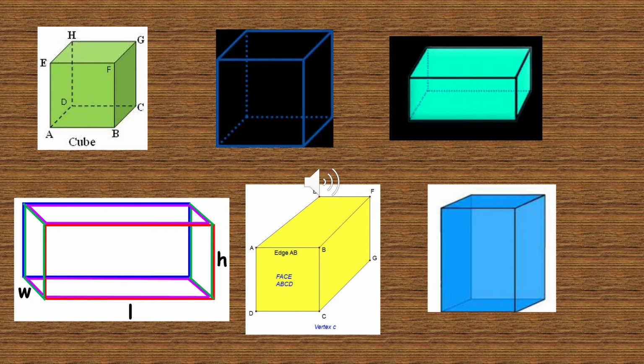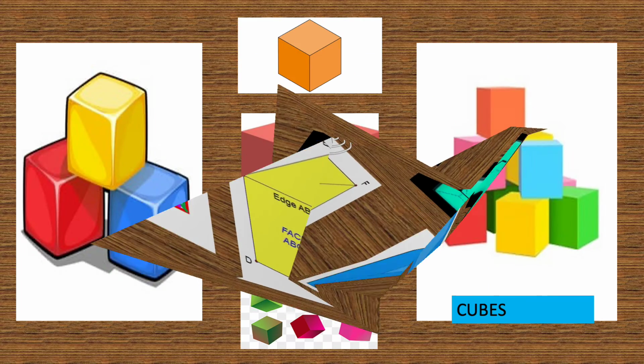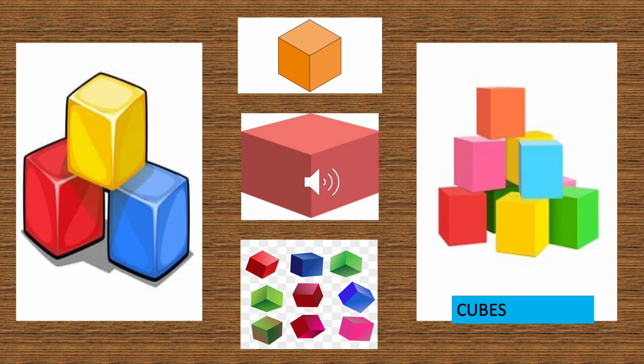The basic difference between a rectangle and a cuboid is that one is a 2D shape and the other is a 3D shape. If a cuboid has faces that are all square, it is a cube. All the angles in a cuboid are right angles.